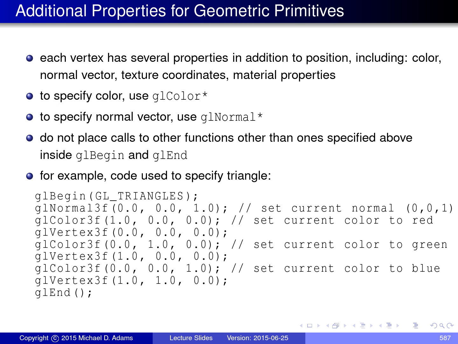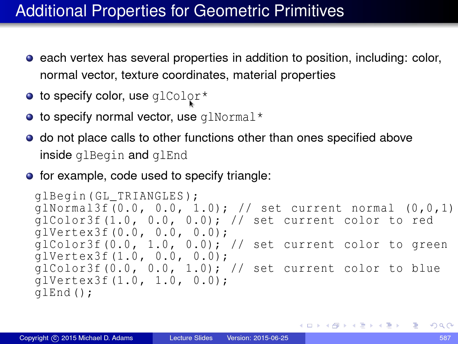When we specify the vertex for a geometric primitive, the vertex has some other properties in addition to its position, which include color, a normal vector, texture coordinates, and material properties. If we want to specify a color for a vertex as an additional property, then before calling or invoking the glVertex command to specify the position of the vertex, we first have to call or issue the glColor command in order to set the current color.